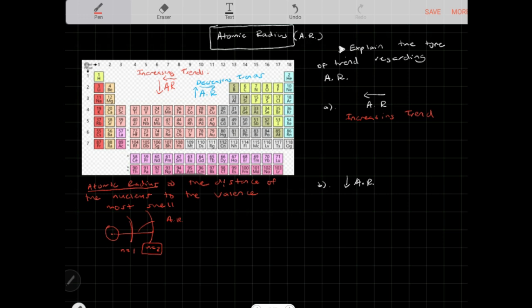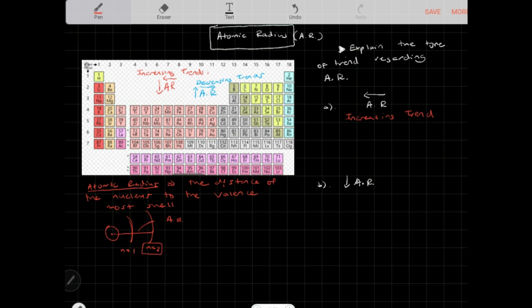The reason for that is as you go to the left, you're going to be found in the same period. For instance, if I'm looking at period 2, so lithium, beryllium, boron, carbon, and so on, as I go from oxygen to nitrogen, nitrogen to carbon, carbon to boron, if I'm looking at neutral atoms or elements, the size of the atoms gets bigger.